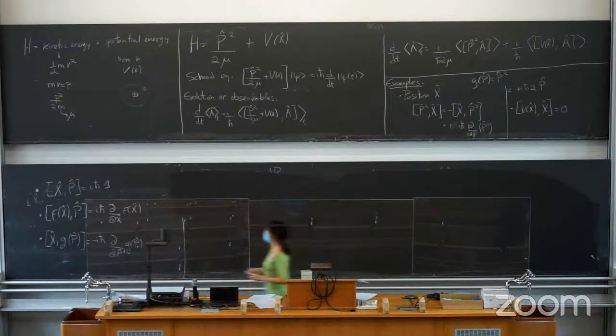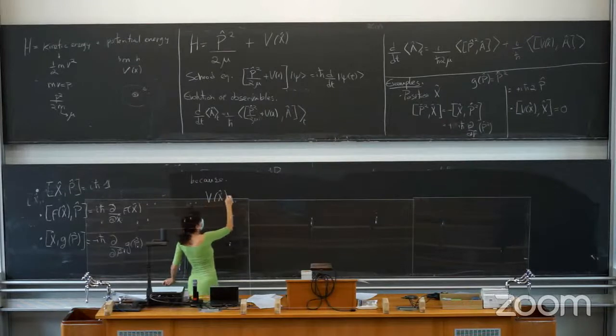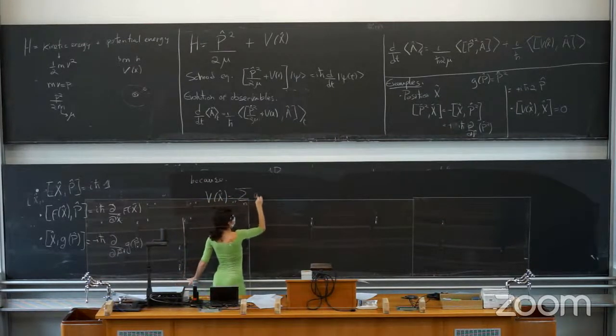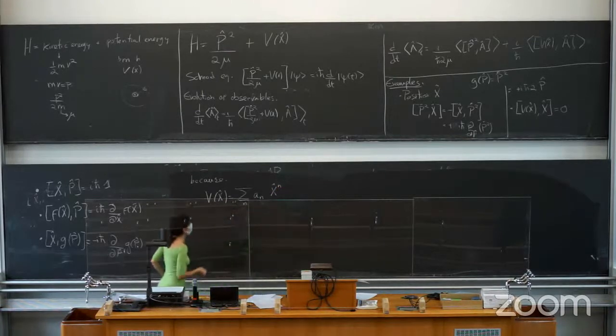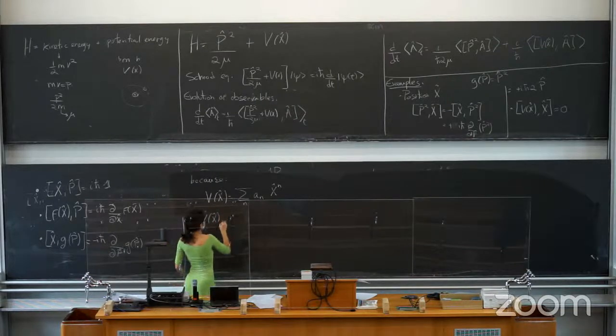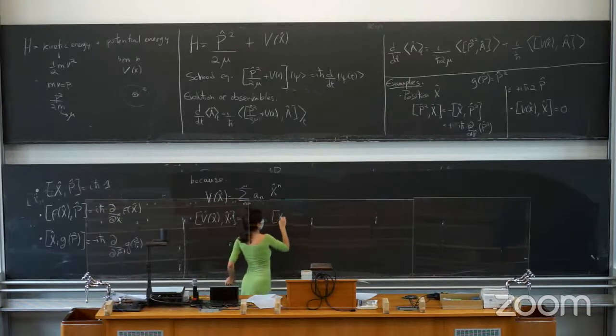Why is it 0? Because V of x is a function of x, so we expand it again in x to the power n. Using those building blocks from before, we get the sum over n from 0 to infinity of a_n, x to the n, x.